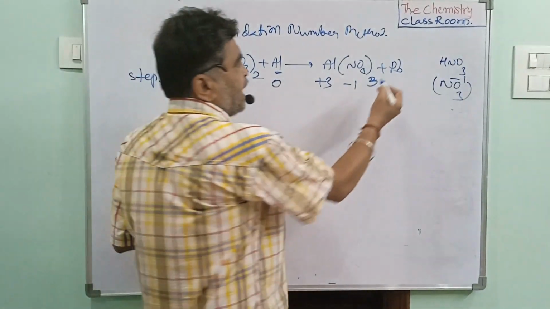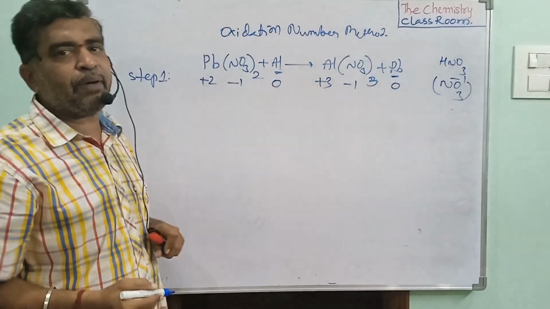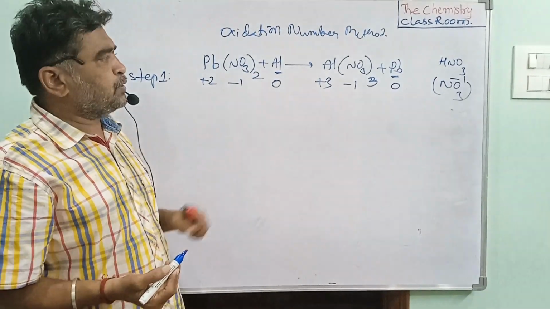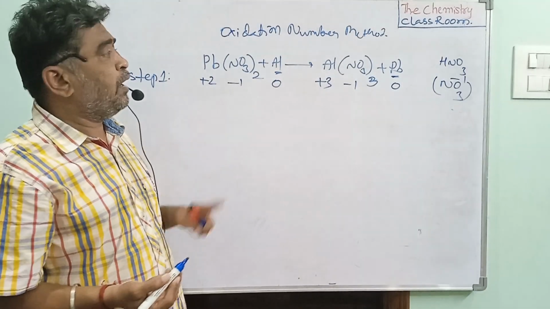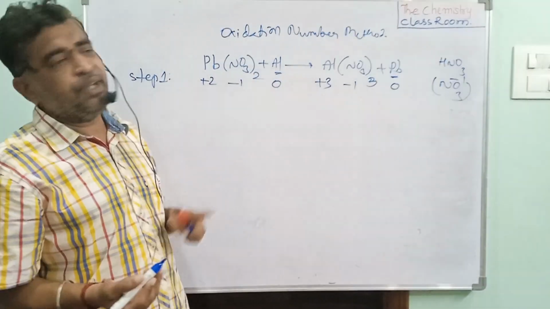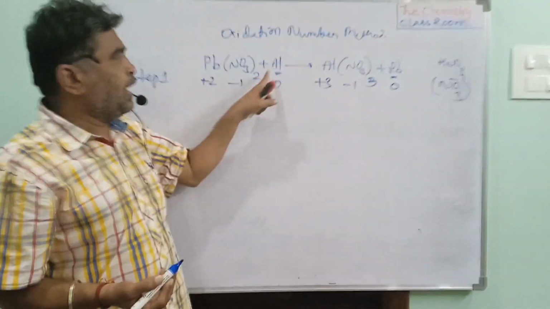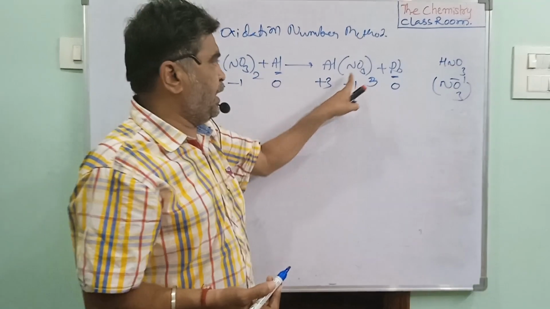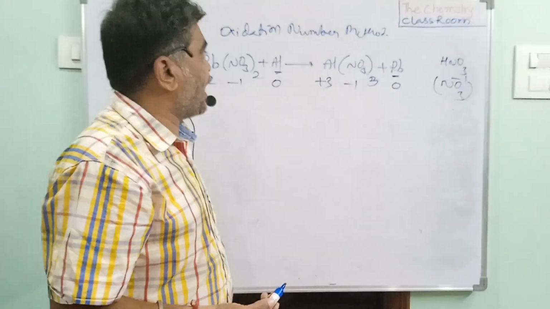Similarly lead is an atom, so its oxidation number is 0. So like that we calculated every oxidation number of the equation. Here the lead is +2, NO3 is -1, aluminum atom is 0. Here aluminum is +3, NO3 is -1 and lead is 0.